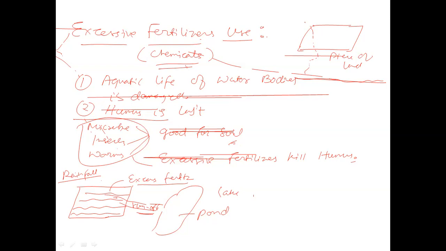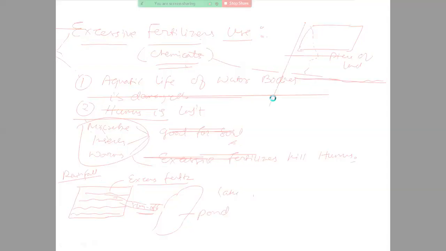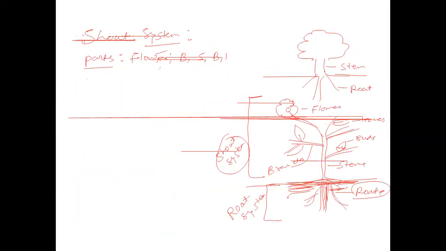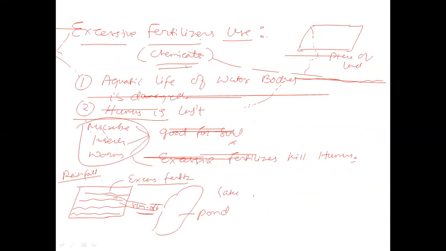Now, what will farmers do? Just recall what we just discussed. We are talking about fertilizer versus manure, right? And manures are rich in humus. We already discussed that, so we will add humus to the soil. We will add manures to the soil, so the humus loss will be regained.